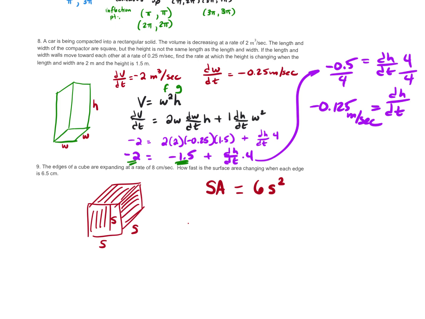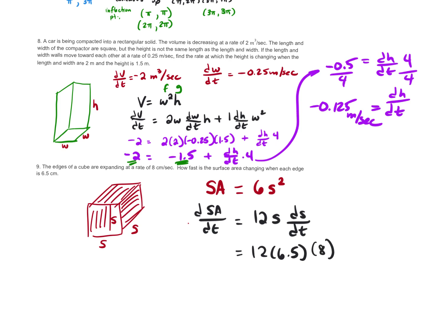So if I take the derivative of this with respect to t, I'll get dSA/dt, the derivative of the surface area with respect to time, equals 12s ds/dt. So then I know that my surface area is changing when the edge is 6.5, I simply just plug in. 12 times 6.5, and the edge is expanding by 8.